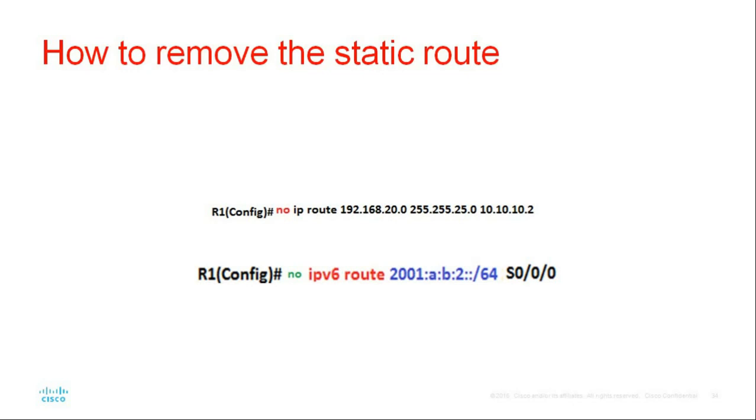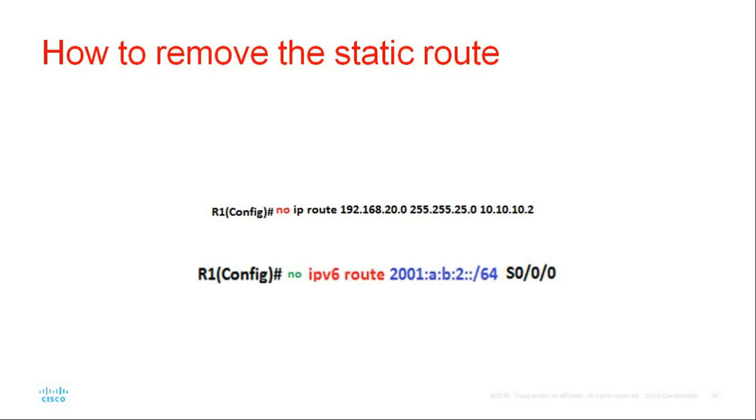The next one is the floating static route. A floating static route is also called a backup static route. How do we distinguish the floating static route from a normal static route? For a normal static route, the default administrative distance value is 1, but for a floating static route, the administrative distance value is more than 1. The last one is the host static routes.